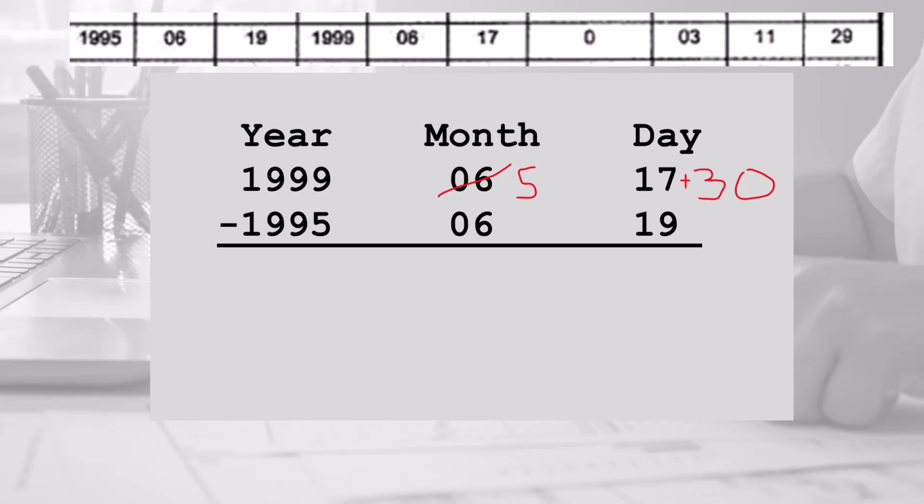And it doesn't matter how long the month is. For this calculation, all months are treated as 30 days long. So 47 minus 19, that gives us 28. To subtract 6 months from 5, we're going to borrow 1 year, that's 12 months. So 17 minus 6 is 11. And 1998 minus 1995, that gives us 3 years.